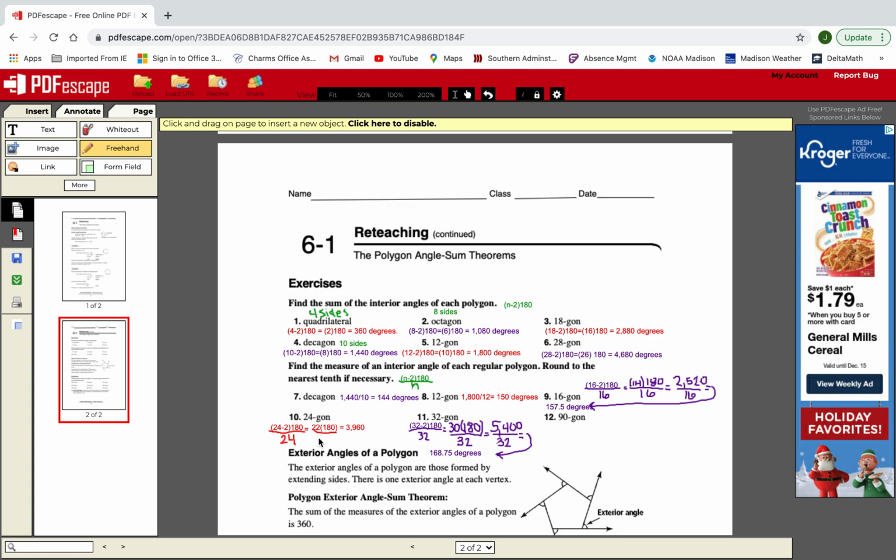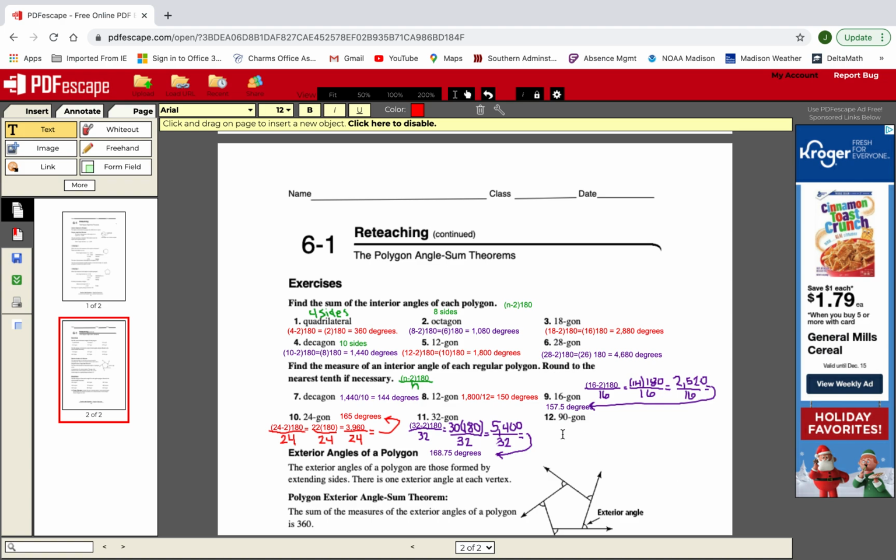So 3,960 divided by 24 is what will give me just one of those angles. Okay, I'll type that answer up here. Divided by 24, which gives me 165, a whole number, not even, it's odd, but 165 degrees.